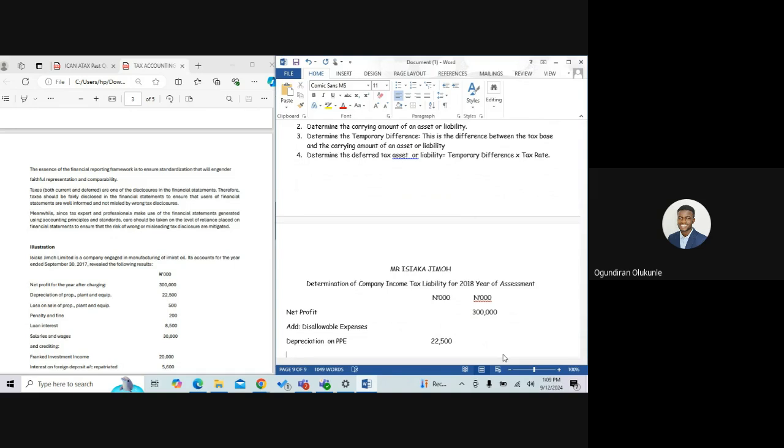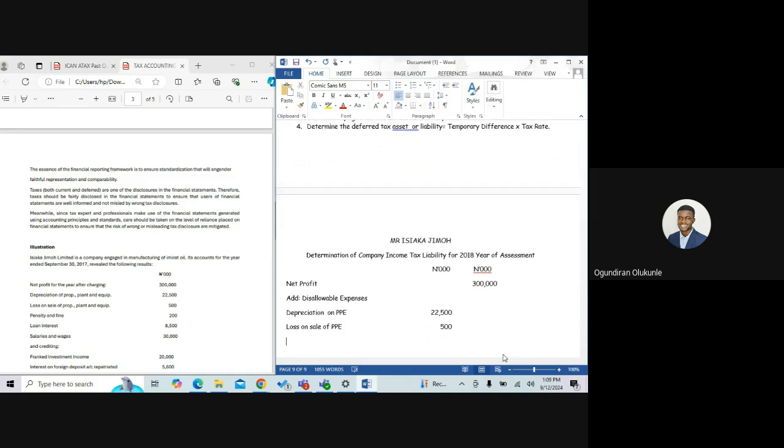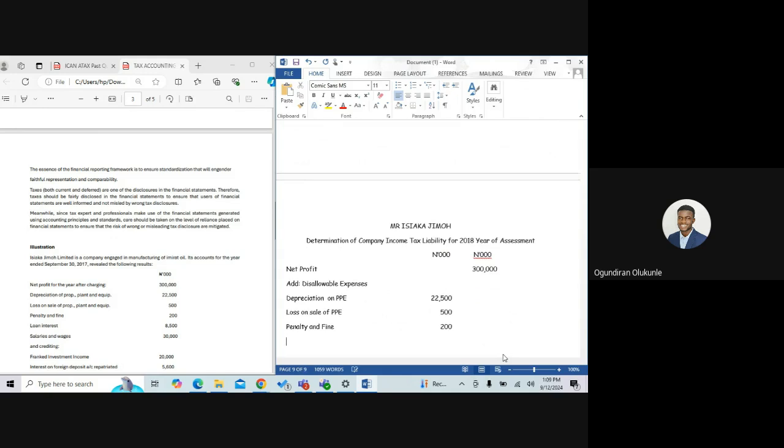We have loss on sale of PPE. How much is the loss on sale of PPE? 500, right? So we have penalty and fine. How much is penalty and fine? 200.